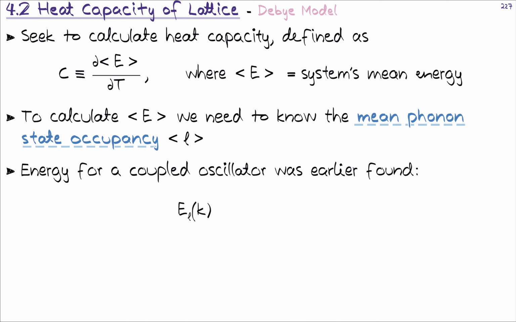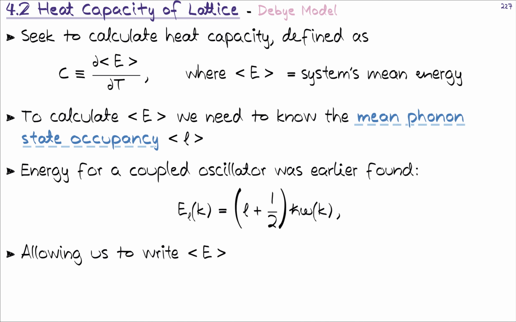And k seems to be more like a continuous variable, so that's why it's inside the parentheses. This looks very similar to the energy ladder of an uncoupled oscillator. We have L plus 1/2 times h bar omega, and now instead of the free space omega, we put in the dispersion relation of our phonons, omega k. And this is with what we proceed.